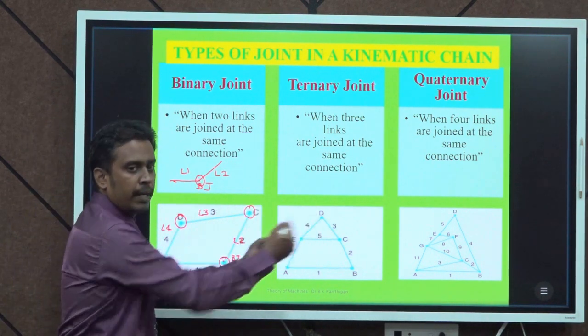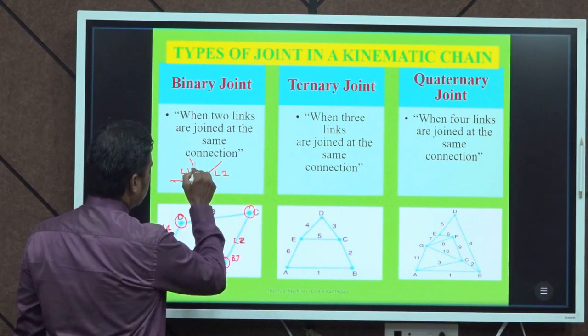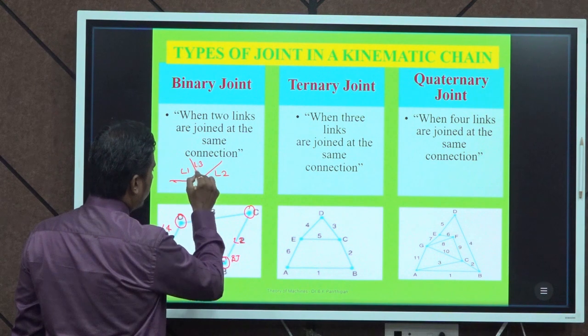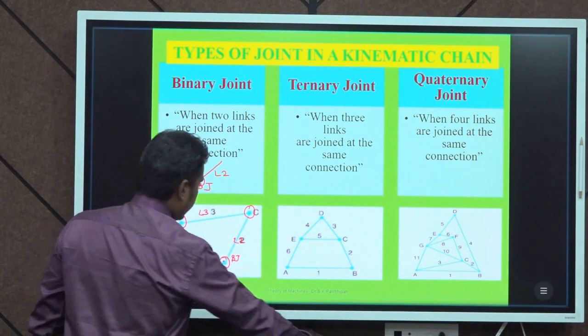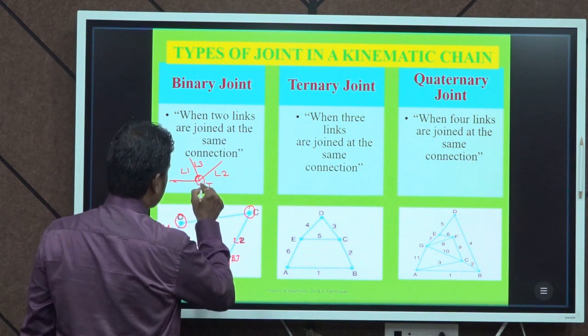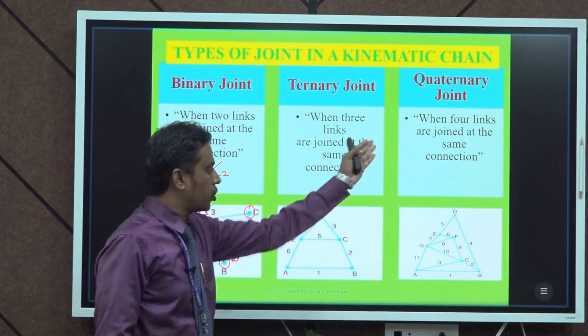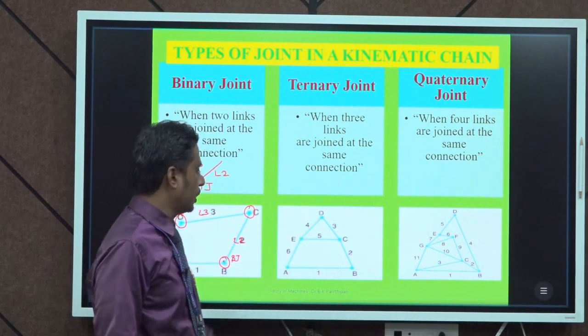In the same manner, if three links L1, L2 and L3 are connected in a connection, then the joint is termed as ternary joint. So, when three links are joined at the same connection, then it is known as ternary joint.